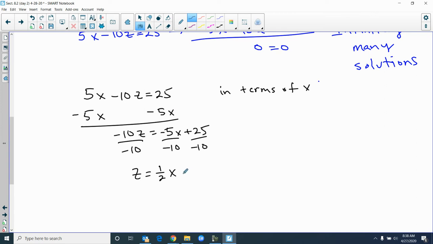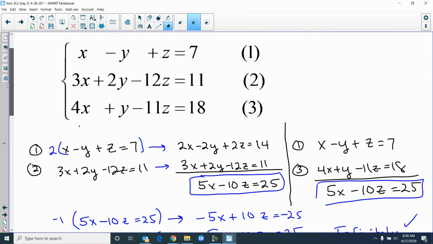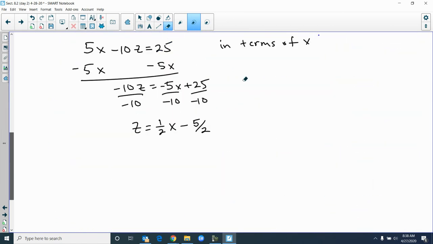So that would be fine if you put it as 2.5, or you could list it as 5/2. Absolutely cannot round off. So if this was 4/3, you could not make that 1.3. That would end up being incorrect later on. You have to keep it as the fraction. But z equals this. Now we've got to go back and figure out what y is. So I'm going to go back to x minus y plus z equals 7.